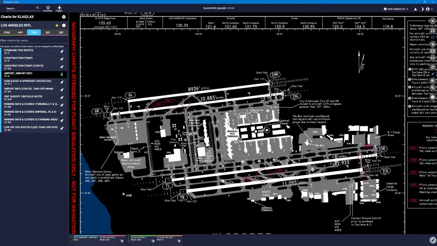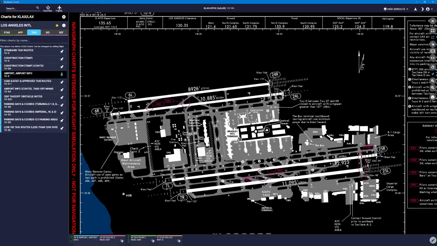So when I fly in the flight simulator, not for real, I'm not a real pilot, folks, I usually park right here because Terminal 4 is the American Airlines terminal. And I believe Southwest is over here, Terminal 1.